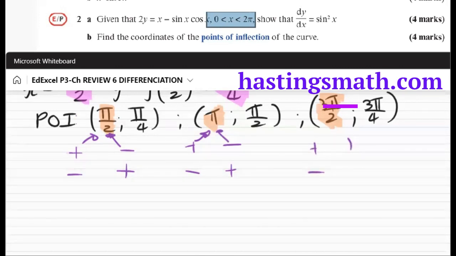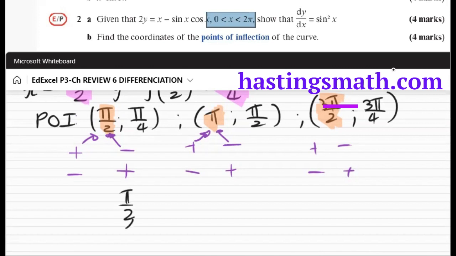So I'm just going to follow the mark scheme. For pi over 2, they picked pi over 3. So pi over 3 is bigger than pi over 2.